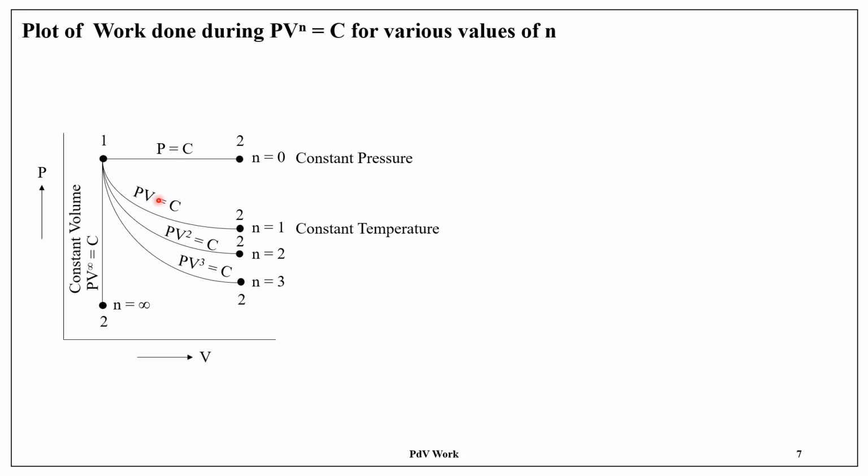The area under the graph represents the work done. Similarly, consider the process PV equal to constant. The area under the curve represents the work done. Obviously, work done during constant pressure process is greater than work done during PV equal to constant, that is isothermal process. We can infer this directly from this graph.